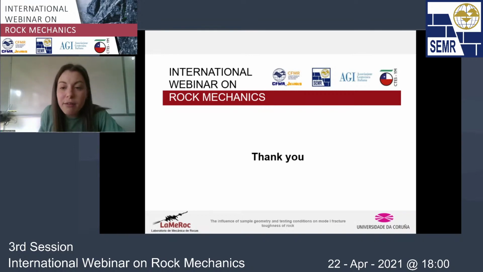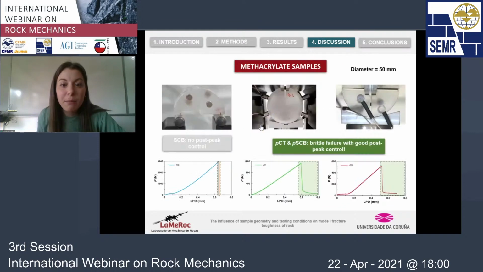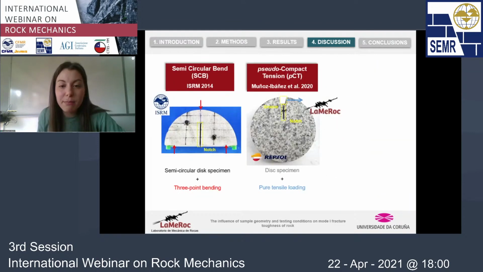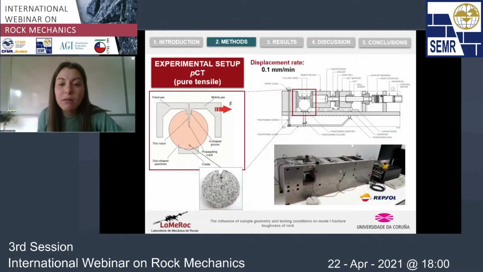For the device for the PCT, we have measured it. I think that I didn't mention it in the presentation. Okay, so I'm going back. In the picture of the device here, you can see that we have some strain gauges attached to the device, and we use these gauges to measure the strains during testing, because we wanted to make sure that for the PCT experiments, the device was stiff enough.